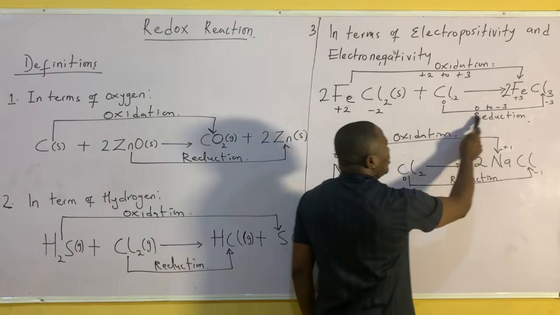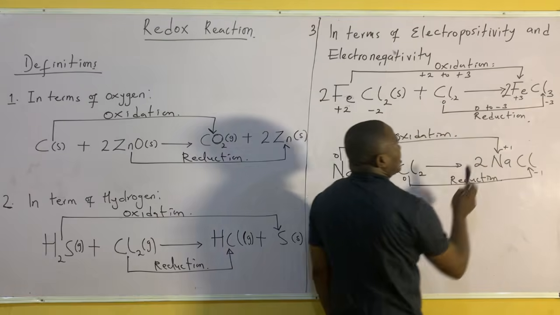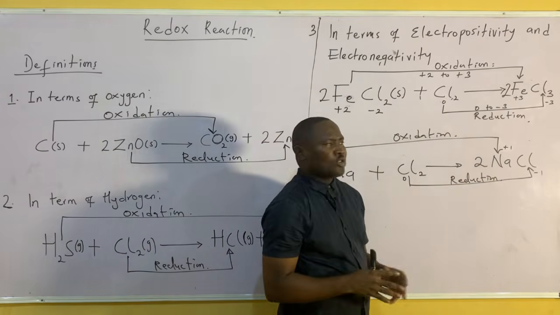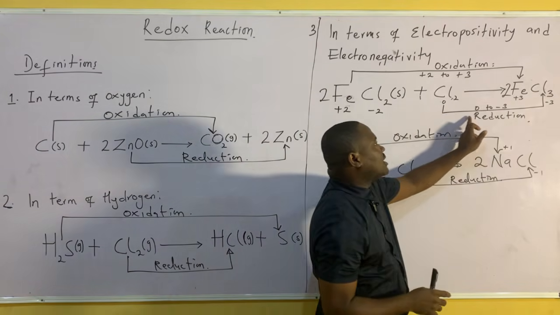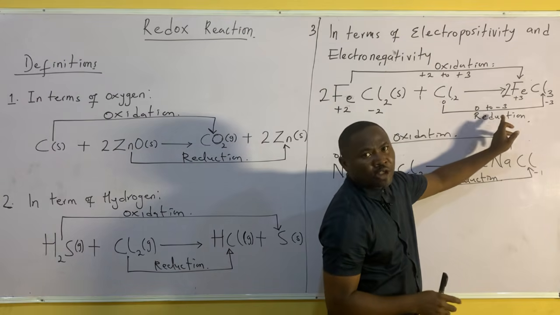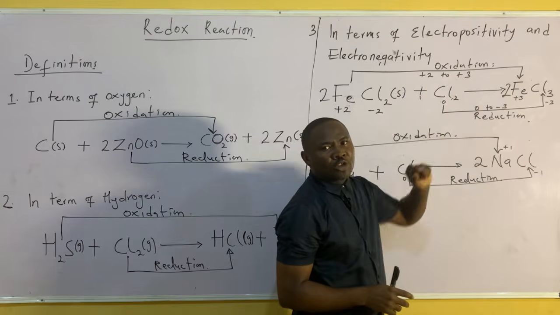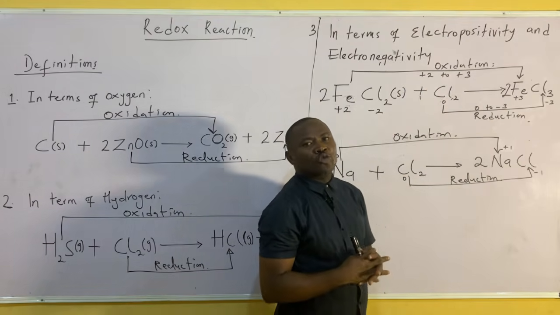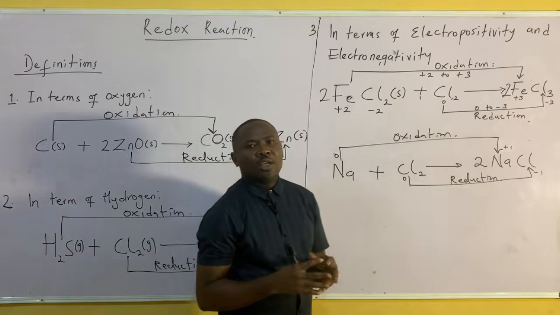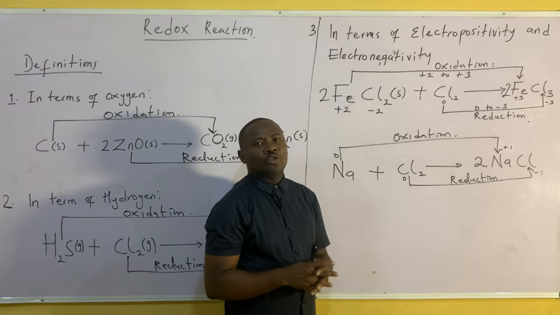So 0 turning to -3 is reduction. So you see that a decrease in oxidation number is reduction, but an increase in oxidation number is called oxidation. So that can also be a term used in defining oxidation and reduction.